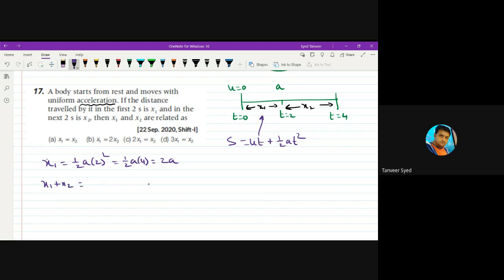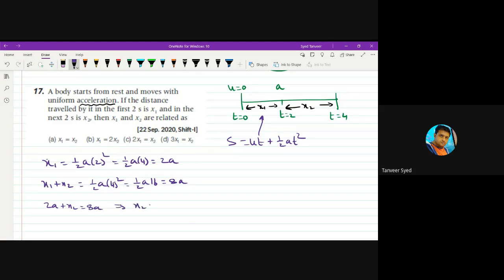ఈక్వల్ టు అగైన్ ఇనిషియల్ వెలాసిటీ 0, half a, how much time? 4 seconds, so 4 square, which is half a into 16, which is 8a. Okay, x1 is already 2a, so it is 2a plus x2 is equal to 8a.